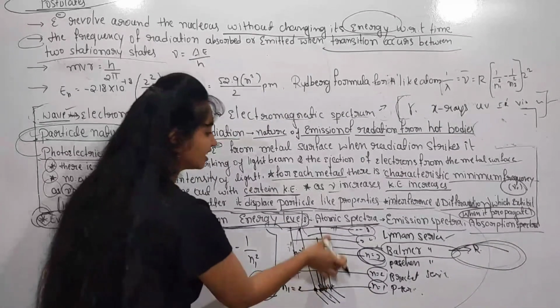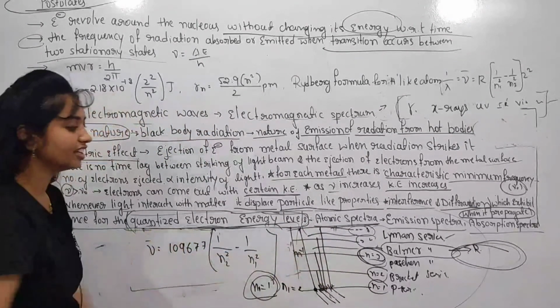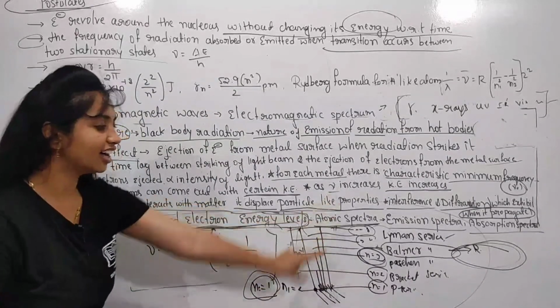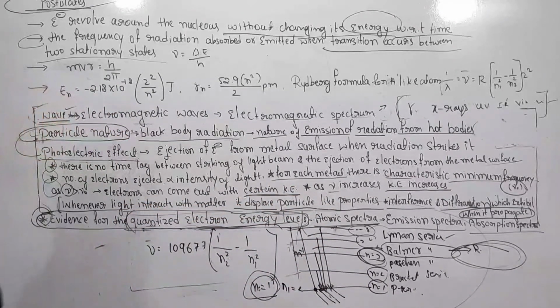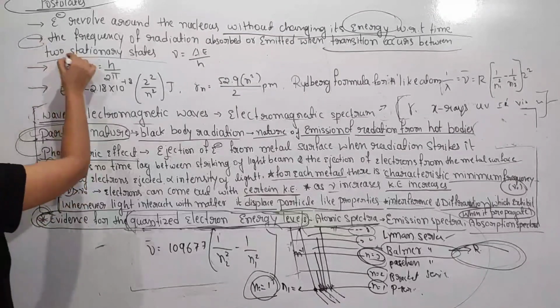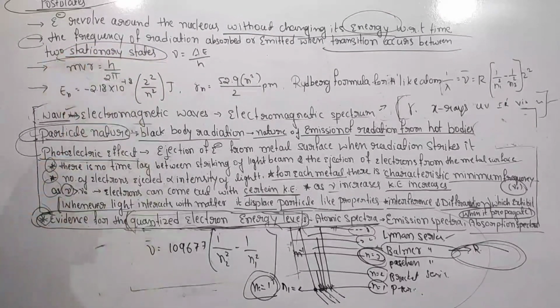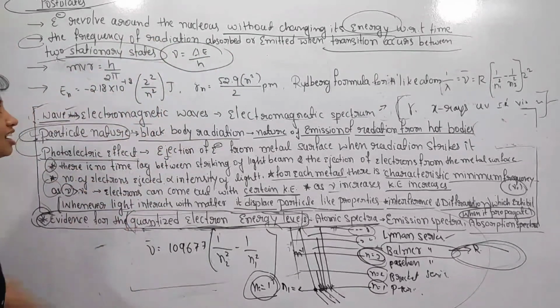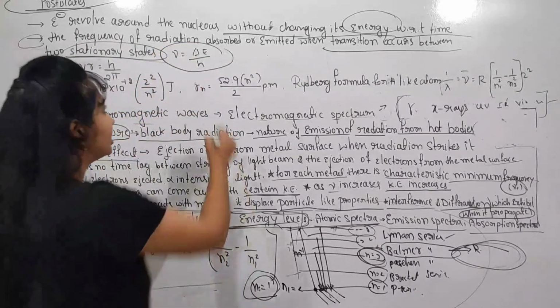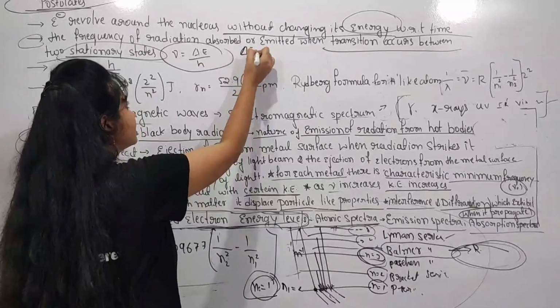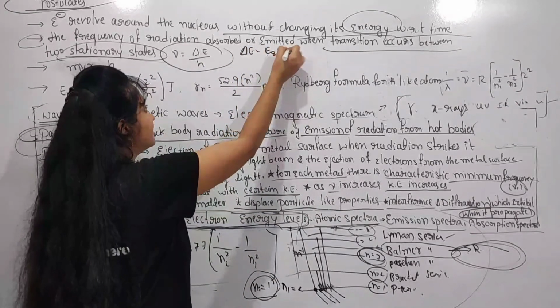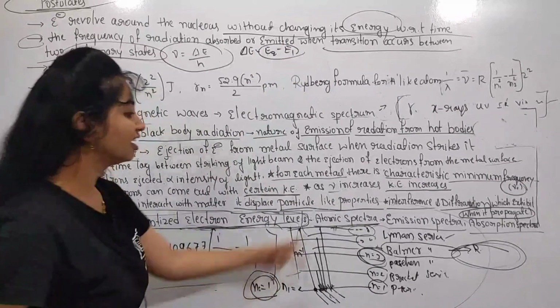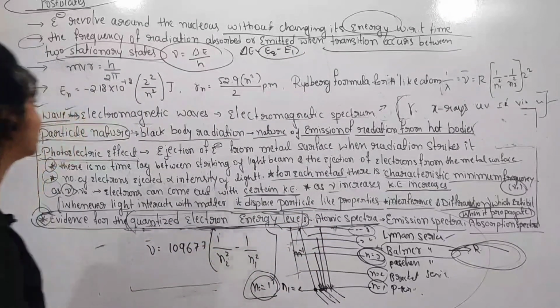So only then do transitions take place between two different energy levels. Those energy levels are also called stationary states. It is denoted by this formula, nu is equal to delta E by h. Here delta E is E2 minus E1, the difference between the energies of the energy levels.